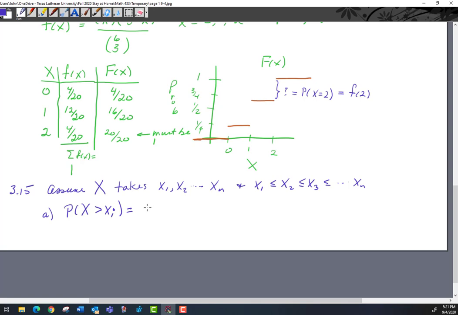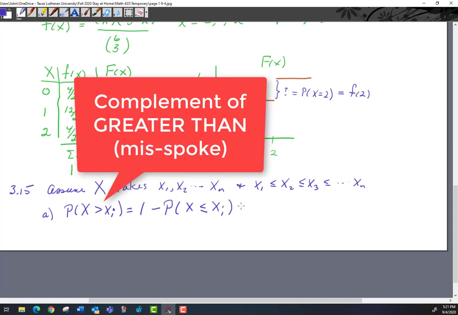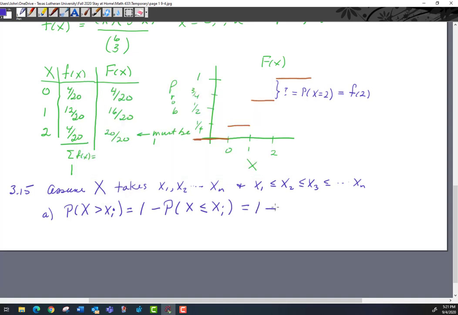This is probability, so all the review that we've had and everything you learned in the elementary statistics course applies, and the law of complements tells me that the random variable x greater than xi would be the same as 1 minus the probability of the random variable x less than or equal to xi, since the complement of greater than xi is less than or equal to xi. That's just F of xi. And in fact, that's what problem A was about.